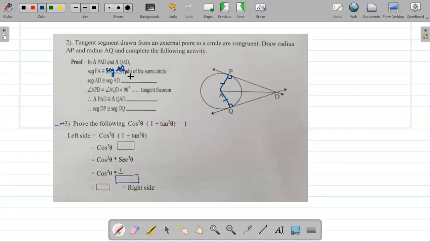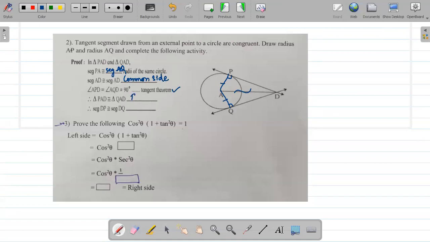Okay, the reason being radii of the same circle. Next, segment AD is congruent to segment AD, this being the common side. So we could mention common side here. And then the third point being angle P and angle Q are both 90 degrees by tangent theorem. Therefore, these two triangles are congruent by which test?